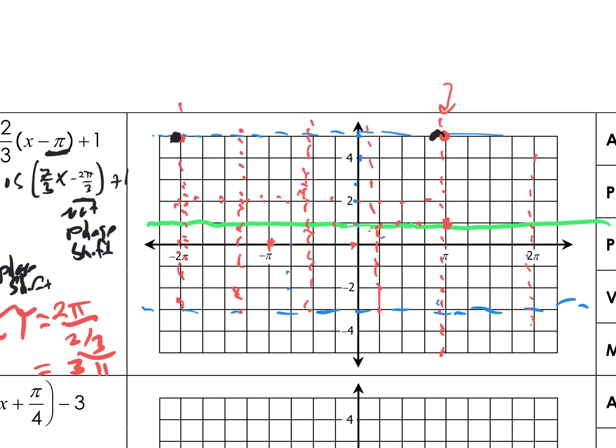And as I go to the next vertical line, it goes down to the middle. The next vertical line goes where? Down to the what? Down how far though? Bottom. Then it starts coming back up at the next vertical line to the middle.